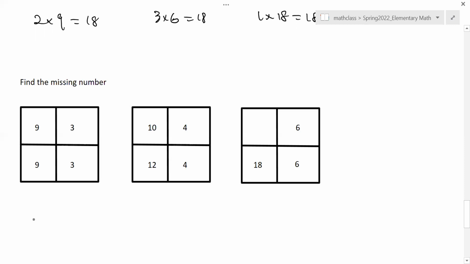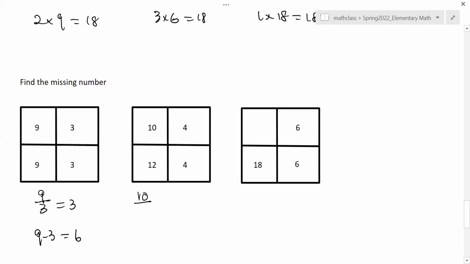Okay, so 9 divided by 3, the first row, is going to be 3. 9 minus 3 is going to be 6. Okay, we have to apply the same rule for the second list. 10, hold on, is there any complication? Yeah, 10 minus 4 is going to be 6.